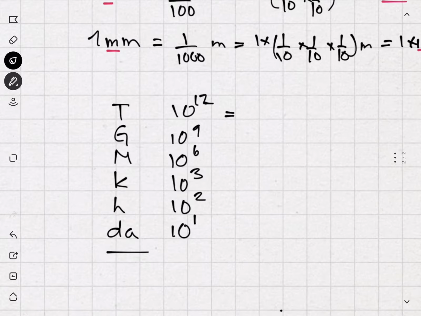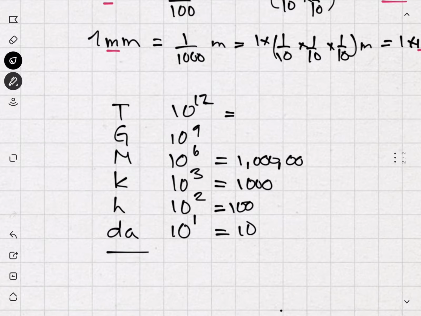So in other words, this is equal to 100, 10, 1,000, now it gets a bit big, a million, mega, right? Here we've got 3, 6, 9 zeros, and here we've got 12.